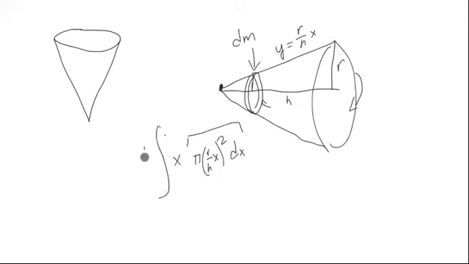But then you divide by the length of the mass interval, which would be the total mass, say total volume, of this thing, which you could get by the volume of a cone, which is 1/3 base times height, which is 1/3 pi r squared h. And then we're going from positions 0 to h here. All right, I think that's right.